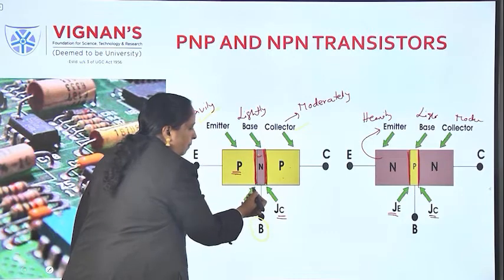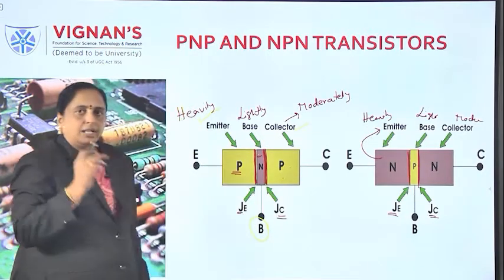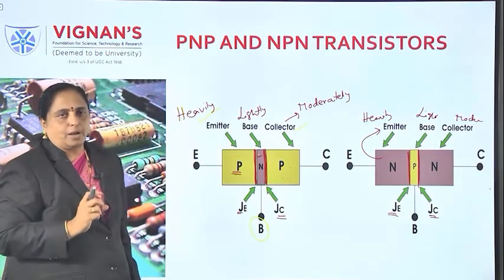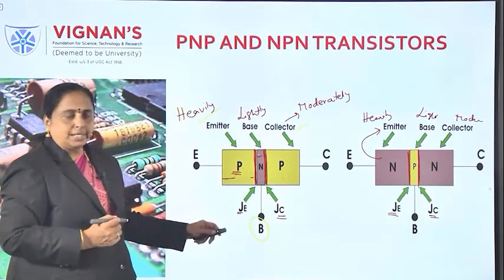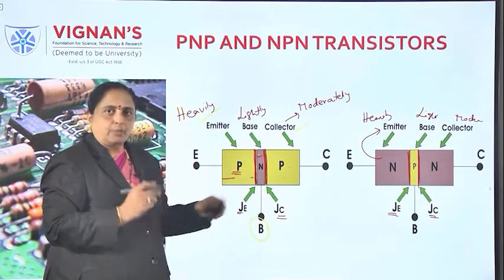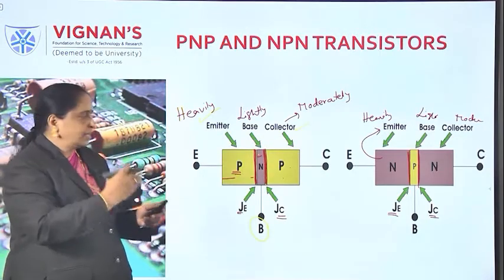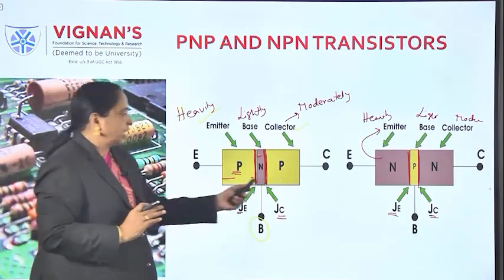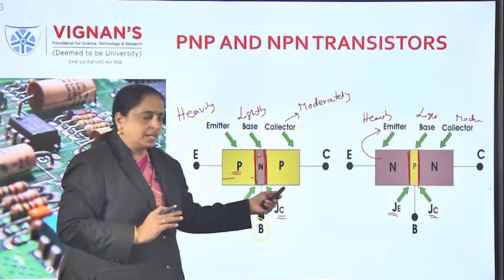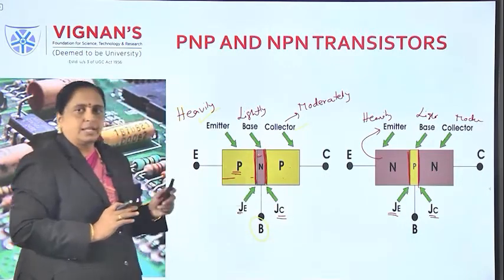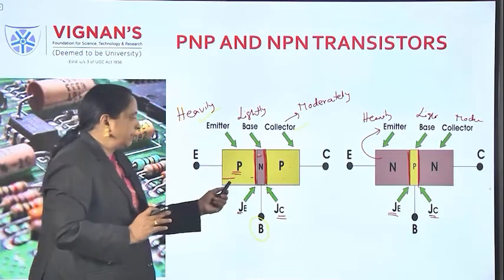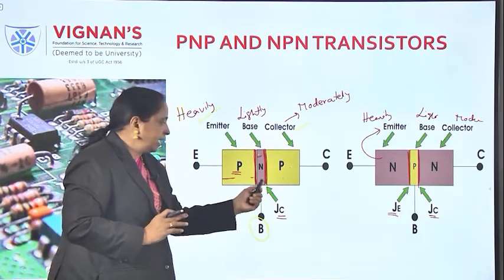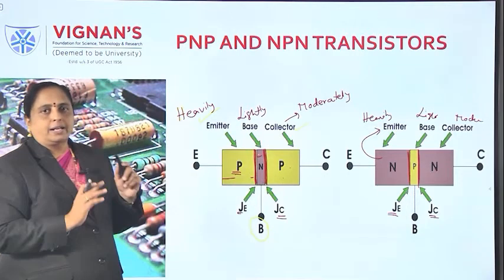If you observe between JC and JE, the width is very very small and the space is comparatively less than the collector but more than the base. So let us conclude again, the area of the collector is very very large and the area of the base is very very small, thin, or narrow, and the emitter area is greater than base but less than collector.